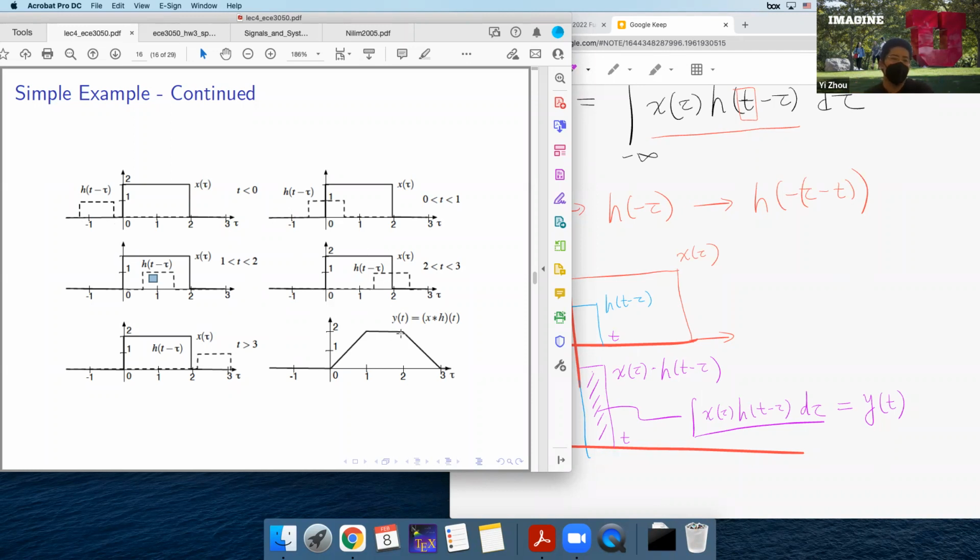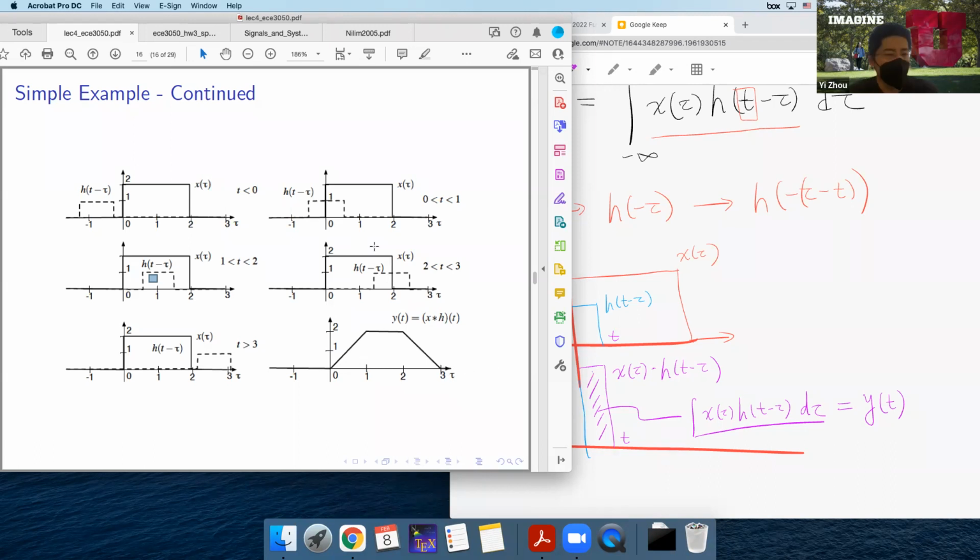And then the convolution value achieves the maximum value and stays there for a short duration of time. This is when the two signals are completely convolved with each other. And after that, one of the signals is moving out from the other signal, so the convolution starts to decrease. And then we go back to the 0 convolution.